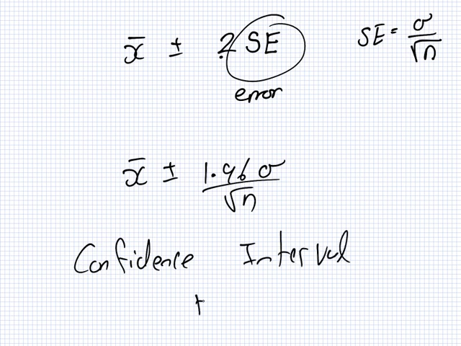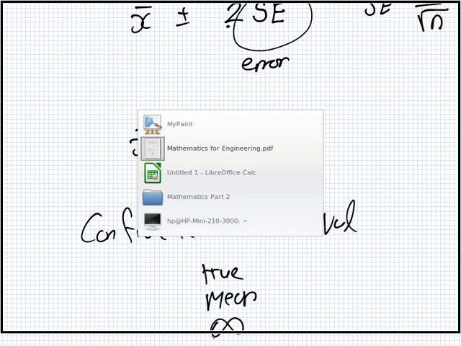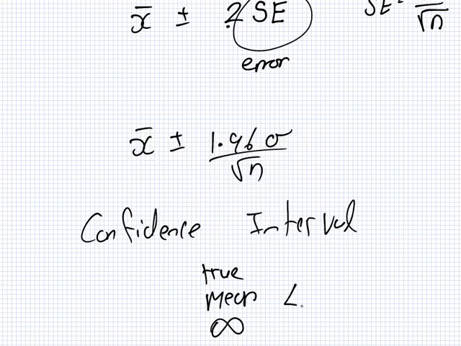And what you're saying is that the true mean, if you could do this infinite times, many times, not just like 8 times or whatever, the true mean would be smaller than your mean from the sample plus 1.96 times your standard deviation.